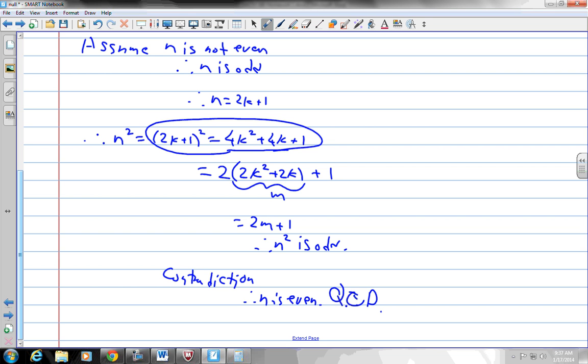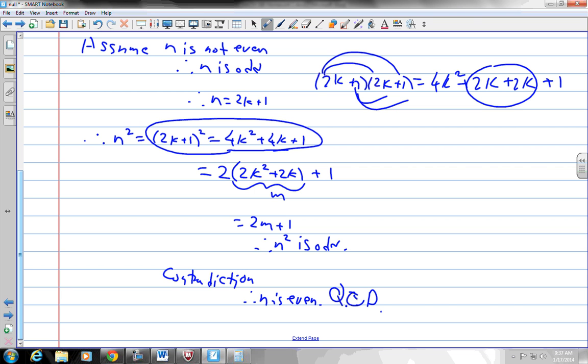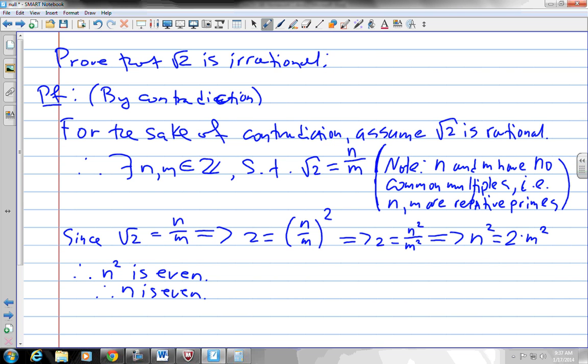Well, square means multiply by itself. So it's 2k plus 1, 2k plus 1. So if you FOIL this, look what happens. 4k squared, 2k, 2k, 1. So that's 4k. Okay, so good.